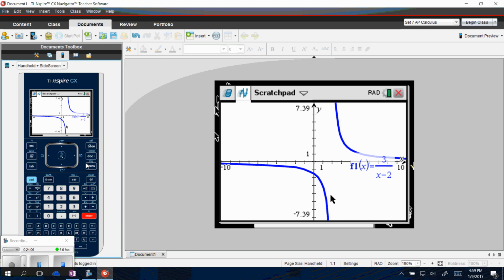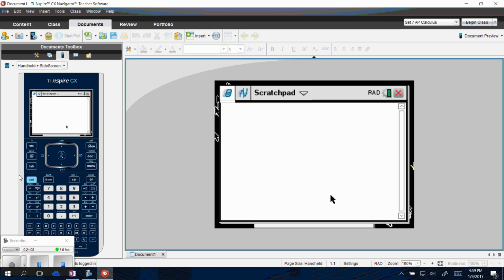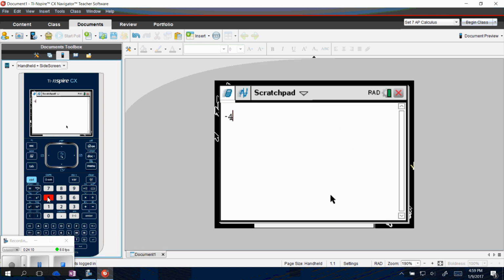So I'm actually going to clear this out. I'm going to store negative 4 for, I don't know, I'm going to call it D. Doesn't matter. Let's see here. I got to find what question I'm on here, which is sometimes an issue for me. Okay, so what I type in is d cubed plus 6d squared plus 5d minus 12.